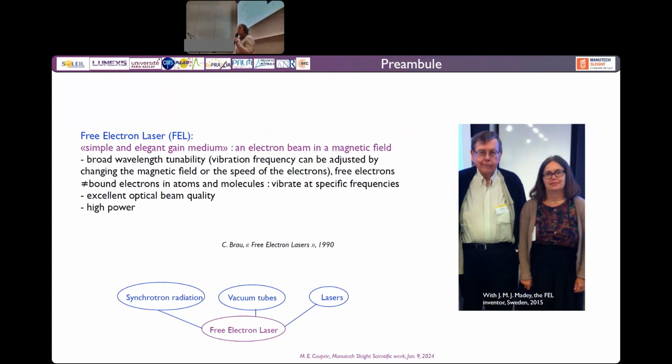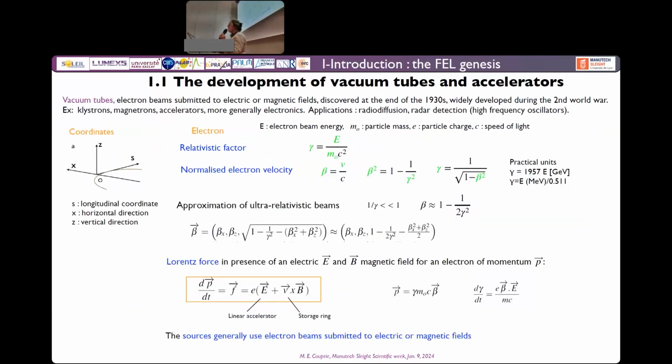And it comes from synchrotron radiation development, vacuum tube developments, and laser developments. So to introduce the vacuum tubes, we come back to relativity, and I consider an electron of energy E, which has a relativistic factor gamma, which is E over the rest mass multiplied by the speed of light squared.